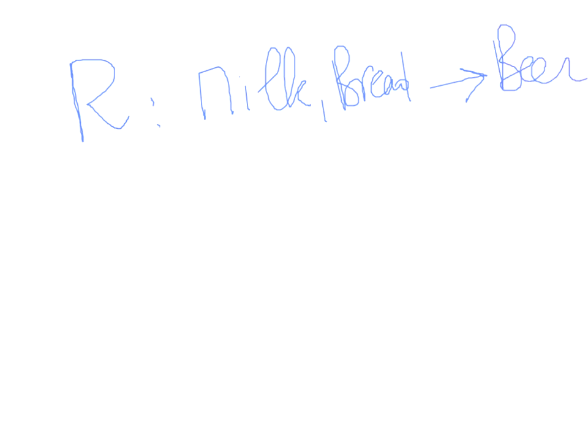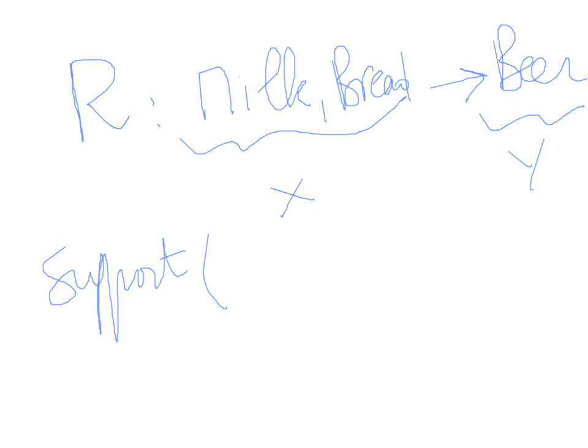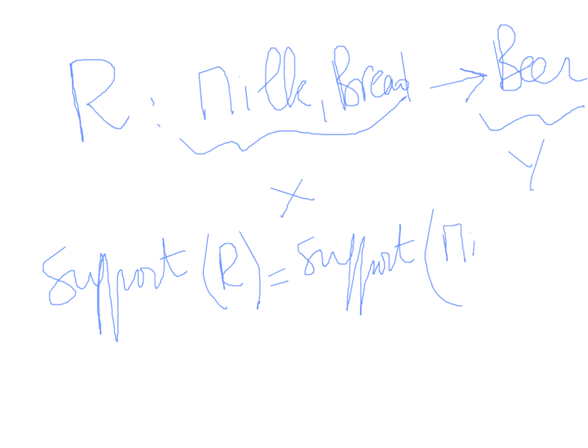For example, if we have the rule R, milk, bread implies beer, this is X and this is Y. So the support of R equals the support of milk, bread and beer together.